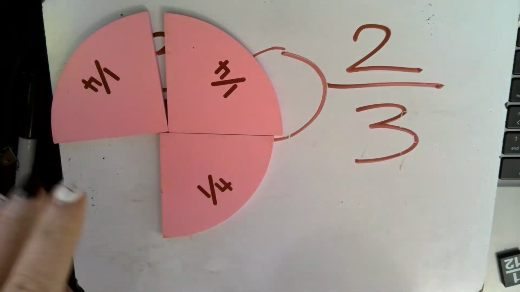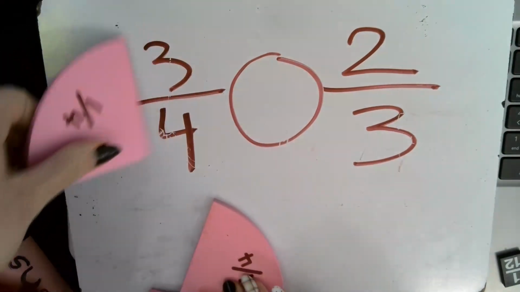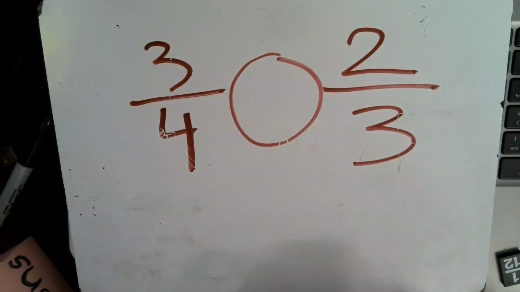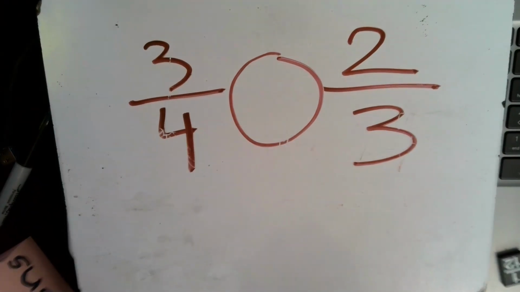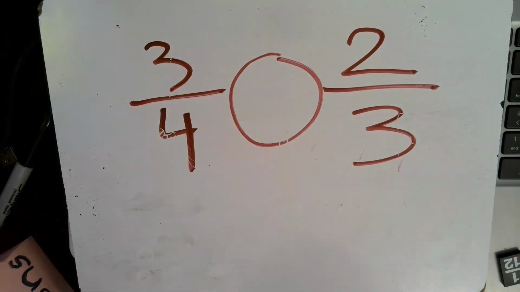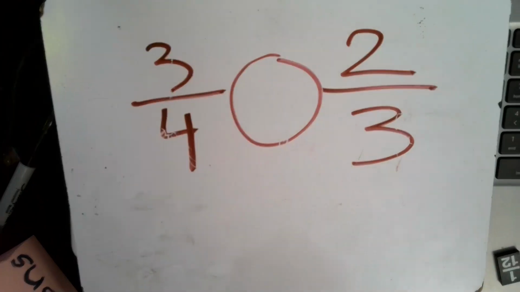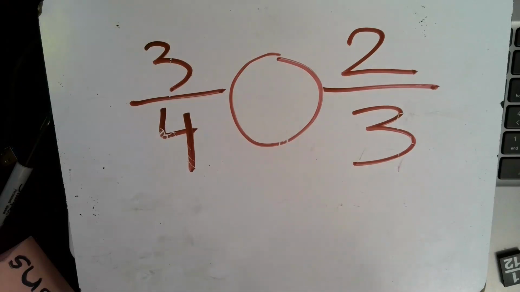Here's where the butterfly method comes in. You will not be able to use these on a test, and that's okay because you have the butterfly method. When you do the butterfly method, you need to practice your multiplication because you need multiplication for it, which is why we do our multiplication chart. You can use your multiplication chart.